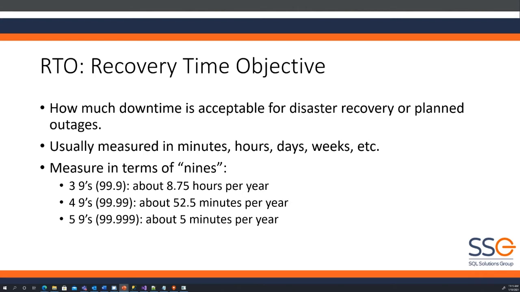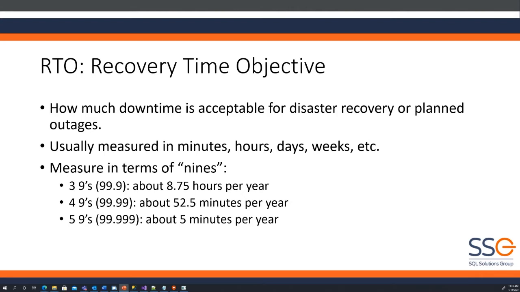RTO is measured in terms of nines. So what does this mean for you? To decide what RTO is best for your company, you need to take into consideration your data needs, right? Not all companies run on a 365/24 schedule. Some companies only measure downtime between Monday through Friday, 8 a.m. to 6 p.m., for example, and don't include the weekend. So your defined RTO, your SLA for RTO, will drastically change based on the translation of the nines for you.